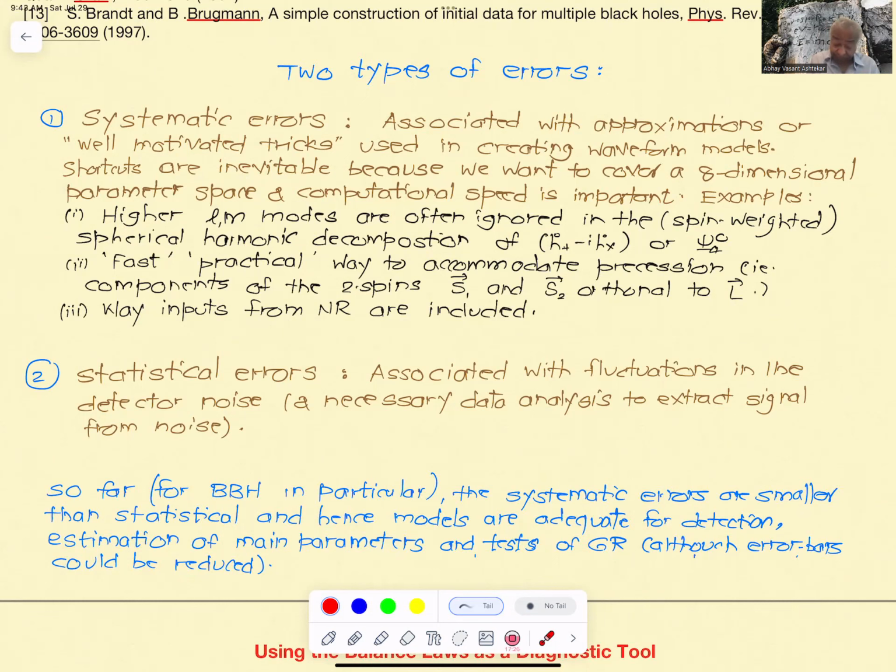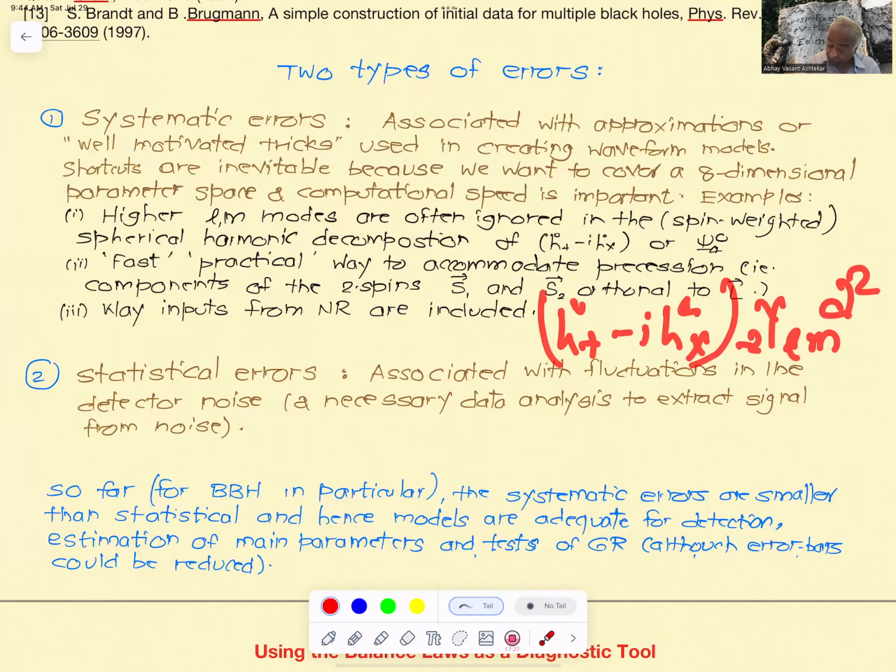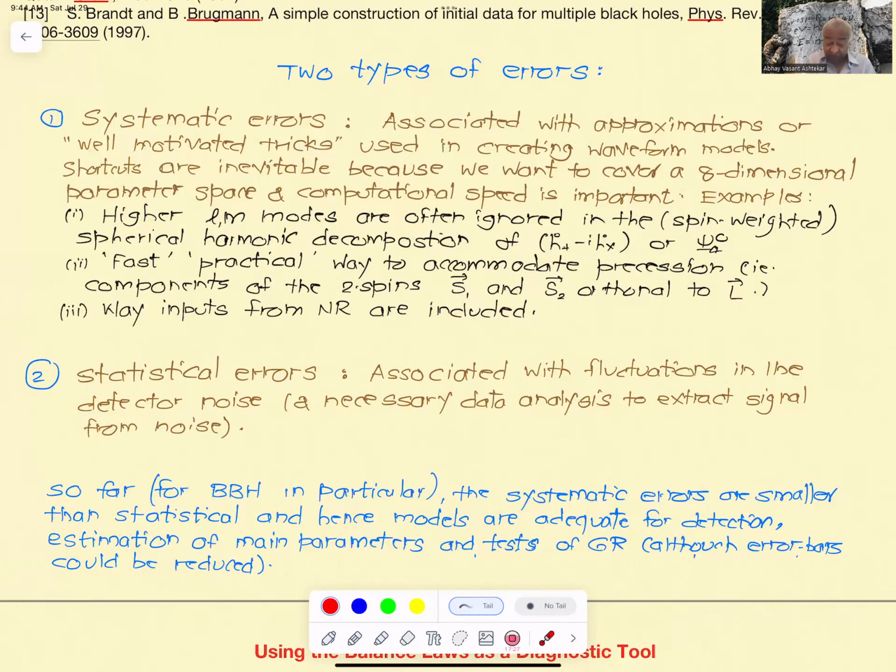And therefore these kinds of approximation methods, or well-motivated tricks, are used. So for example, in these methods, higher order LM modes are often ignored. These, as I mentioned before, are spin weight 2 harmonics, so Y2LM. So I'm taking, for example, H plus naught minus i H cross naught and integrating against Y minus 2LM on the two-dimensional sphere to obtain the waveform that we saw, because the waveform we saw was just one-dimensional in time.